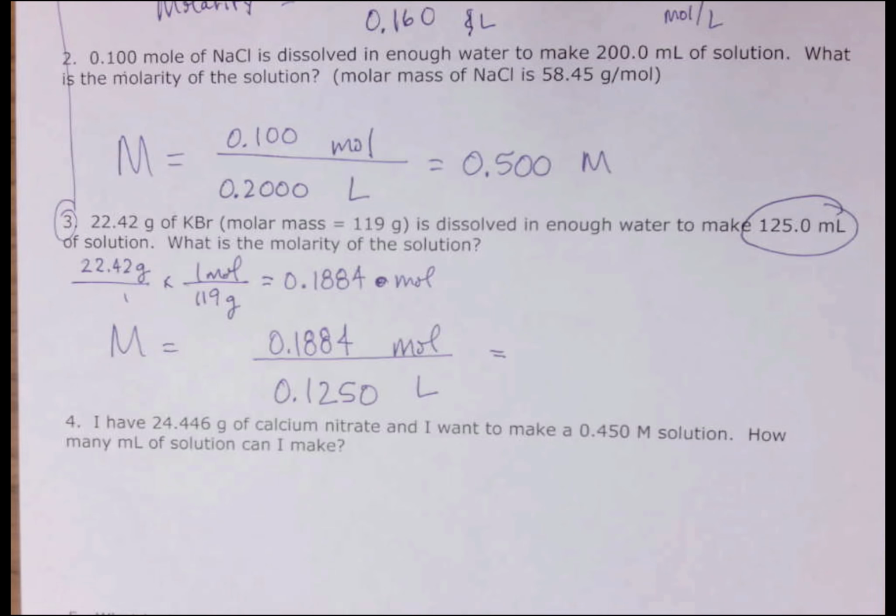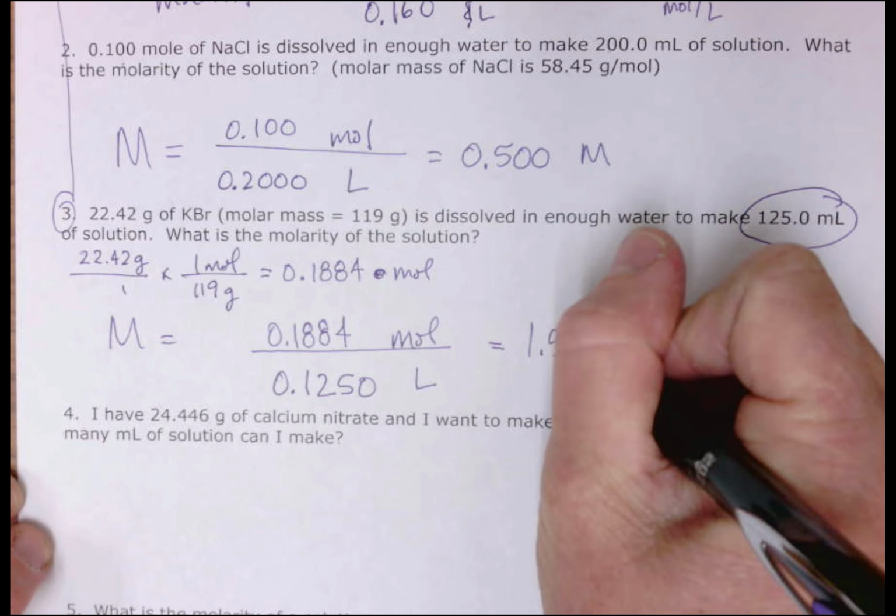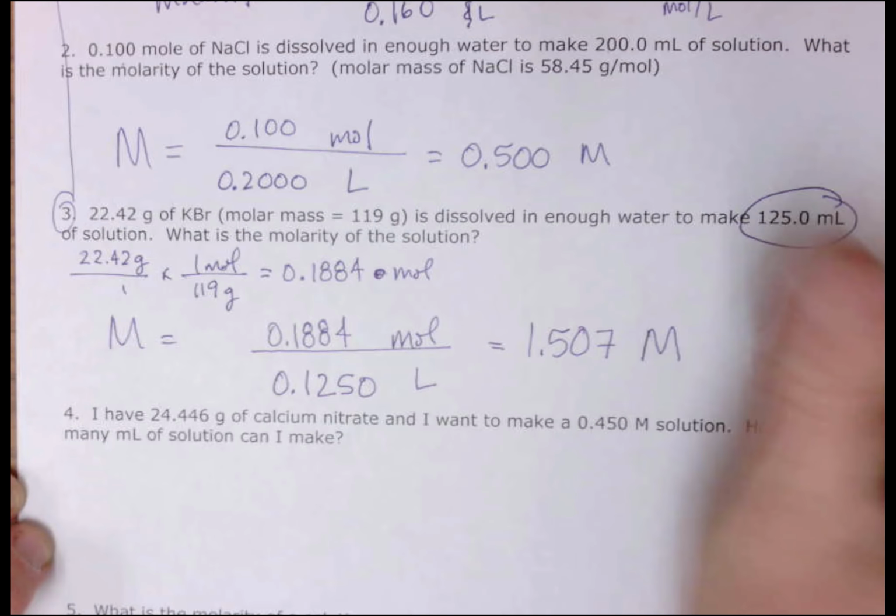And then you'll just divide that out. So 0.1884 divided by 0.125, so you end up with 0.1507 molar.